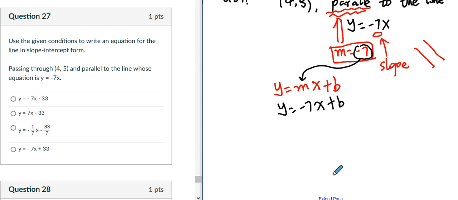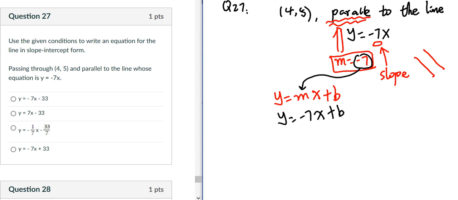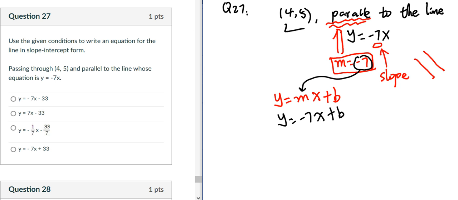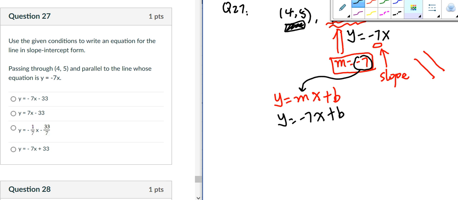Again, we do not know b, but we do know (4, 5) is on the graph. That's good enough.